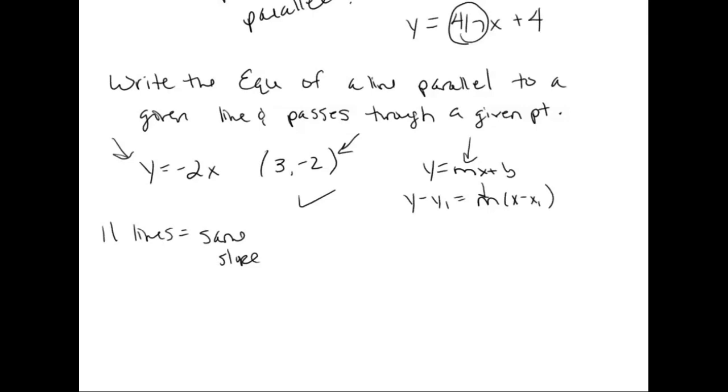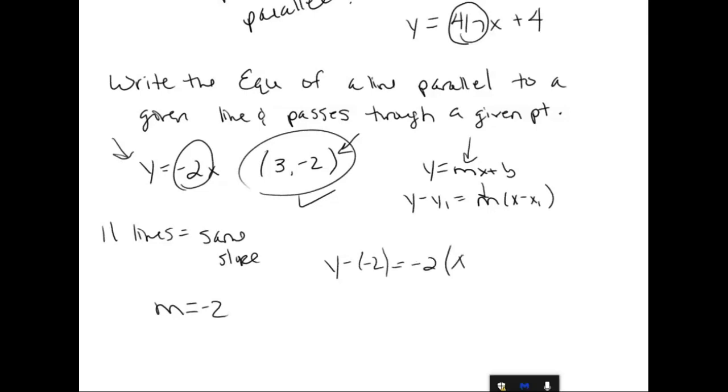All right, so what's the slope of this line? The slope is negative 2, of course, right? So now I have my point and my slope, and I can write my form: y minus, actually, a negative 2, we'll clean that up, equals my slope, which is negative 2, times (x minus 3). And now if you have multiple negatives, I want you to definitely clean that part up.